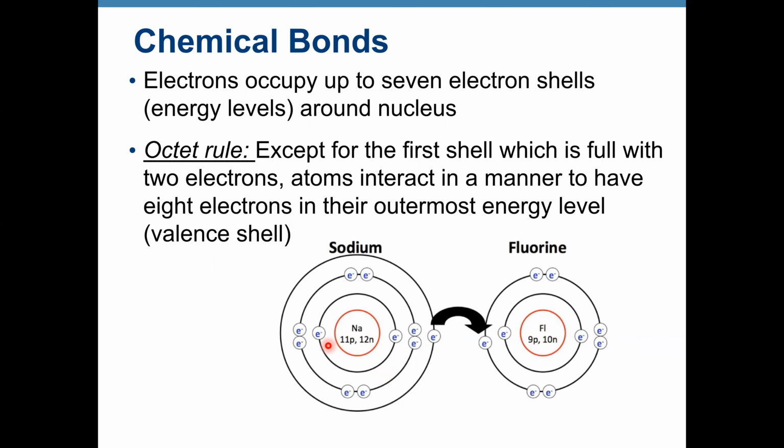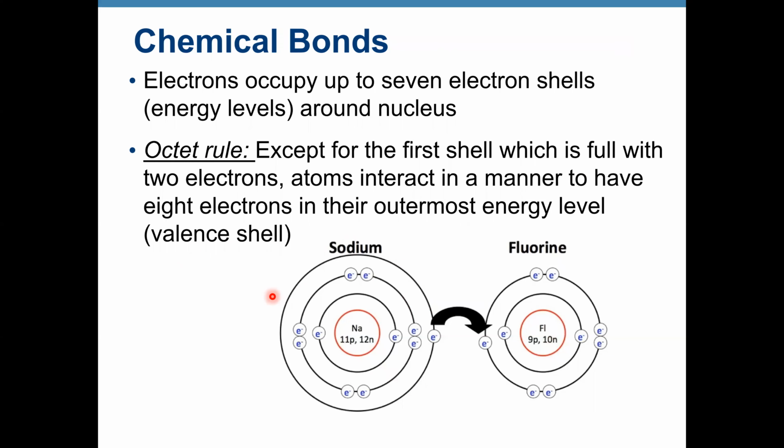And the element is stable when it has its outer shell fulfilled. And to fulfill the outer shell, atoms require 8 electrons. We call those electrons valence electrons, and they're located on a valence shell.